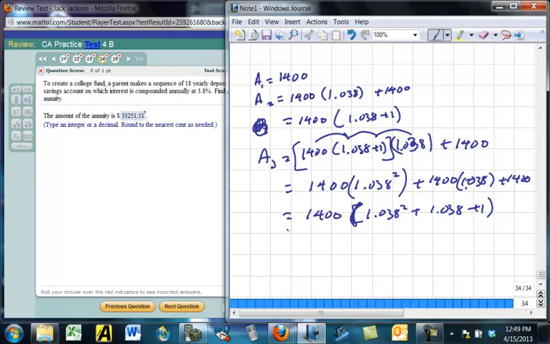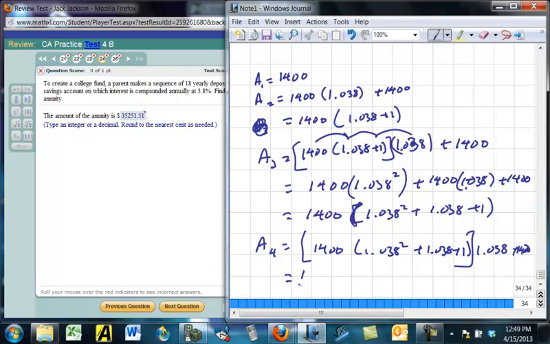This is starting to get a pattern here. A4, we take that amount, multiply by another 1.038 and add 1,400.